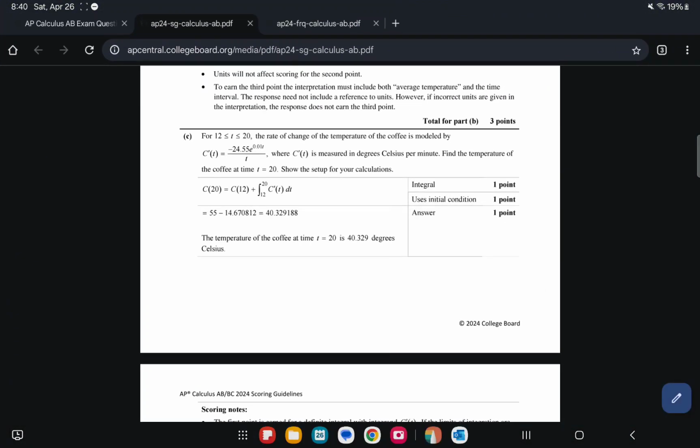Now, I believe it's okay for us to change the variable to x and then say c prime of x, just because of the original setup. And then finally for the answer, we got 40.329.